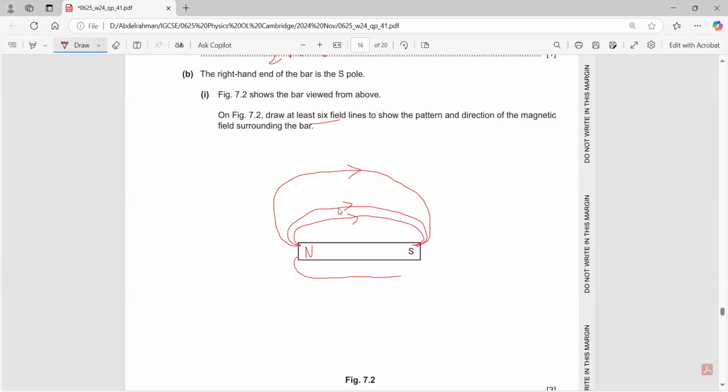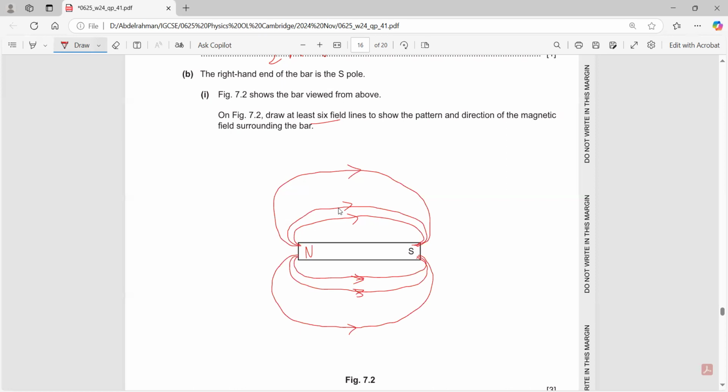Then I'll draw 2 lines close to each other, indicating that at this point the magnetic field is stronger. And the third line I'll draw a bit further away, indicating that the magnetic field is getting weaker as you move away from the magnet.